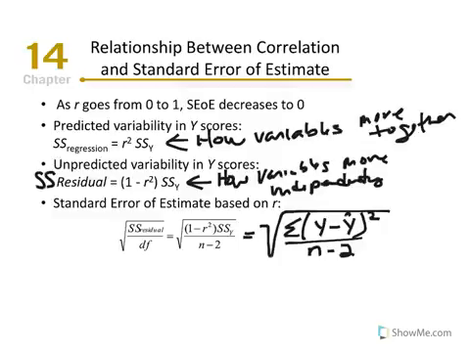And so the movement is not attributed to their relationship. And then here at the bottom, we have our estimated standard error or a standard error of the estimate based on our correlation coefficient. So again, the stronger the variables are correlated, the more accurate our predictions, and the lower the standard error of the estimate.